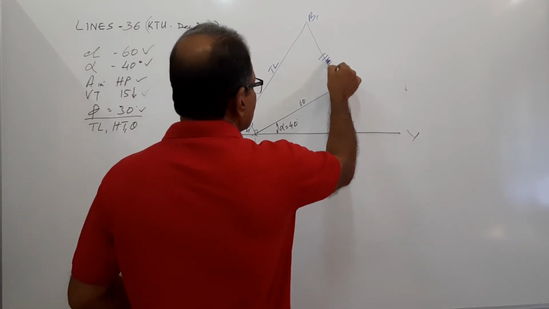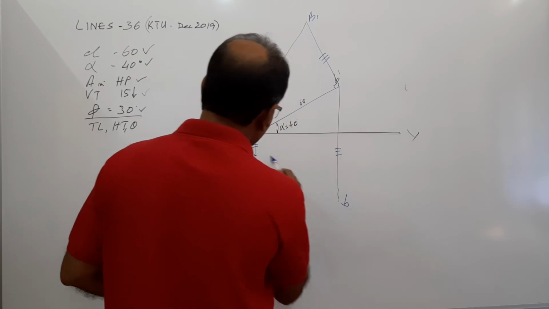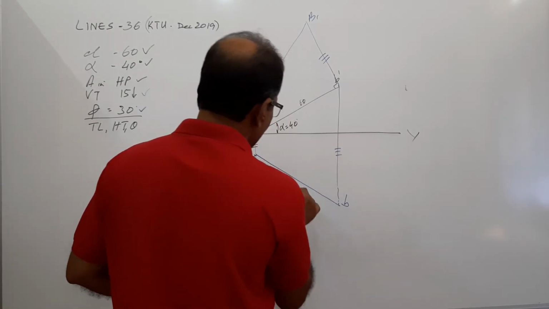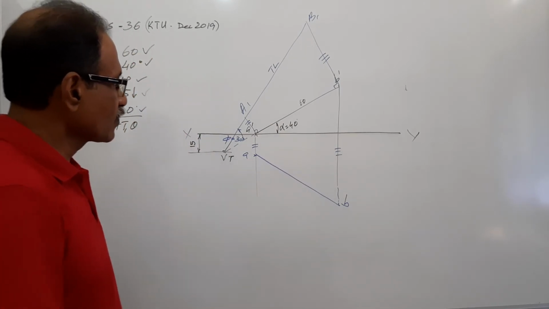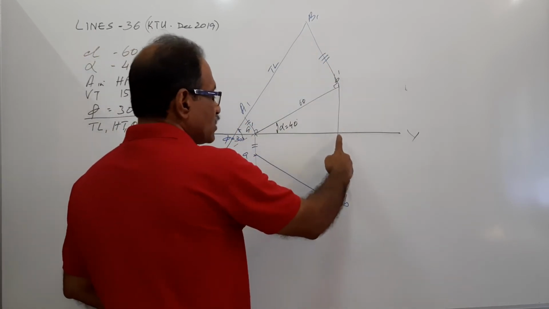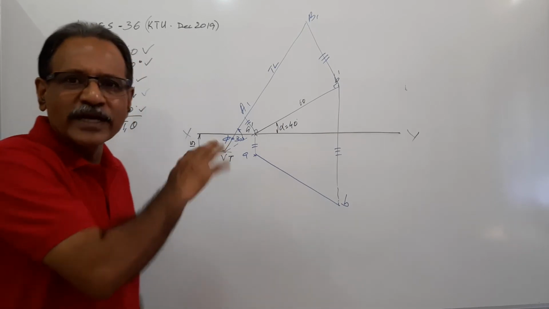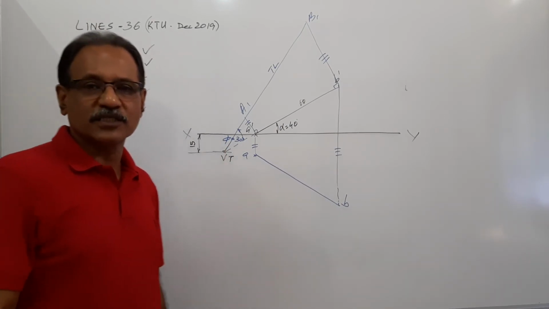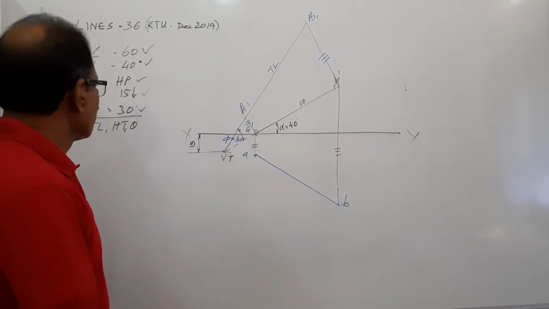Take this distance down from XY, you get small b, and ab is the plan. You are doing trapezoidal construction in the reverse order, that's all. Reversing trapezoidal construction. Agreed? The drawing is over.